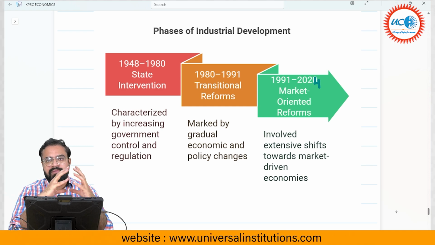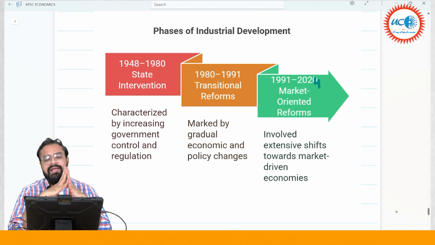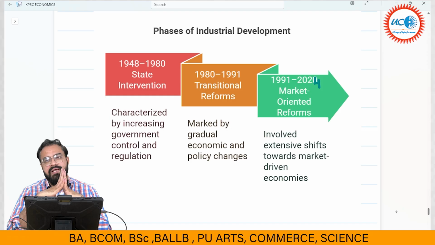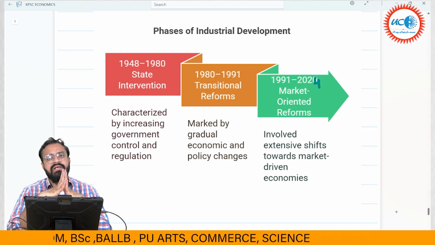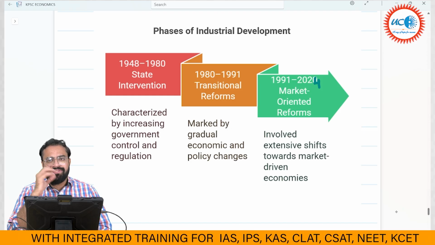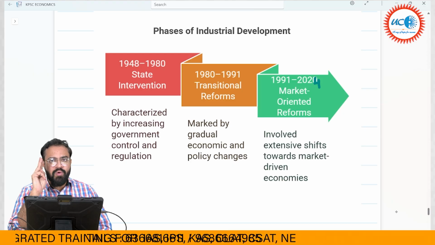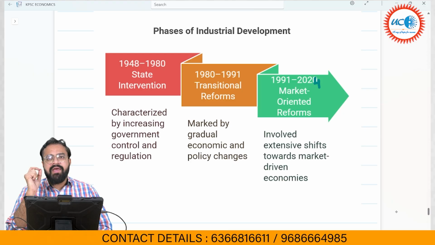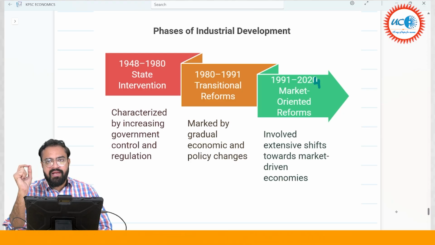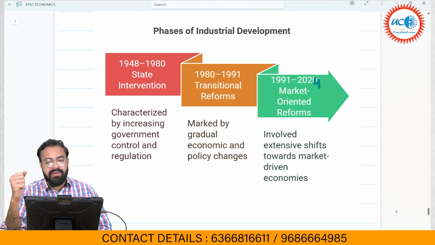Now, to understand the industrial development that has taken place in independent India, for simplification we divide it into 3 phases. One, 1948 to 1980, where the state was controlling every sphere of economic life.